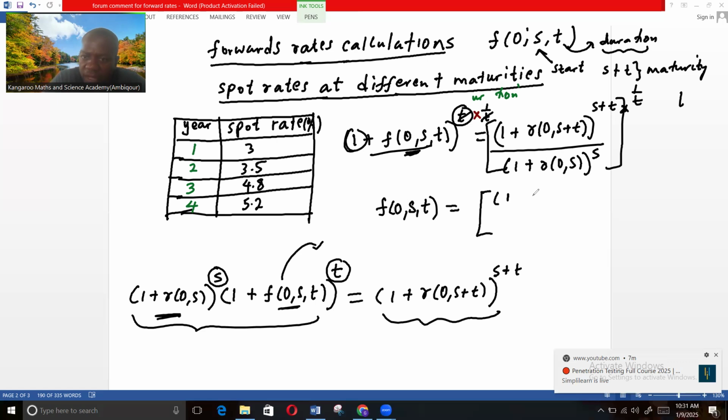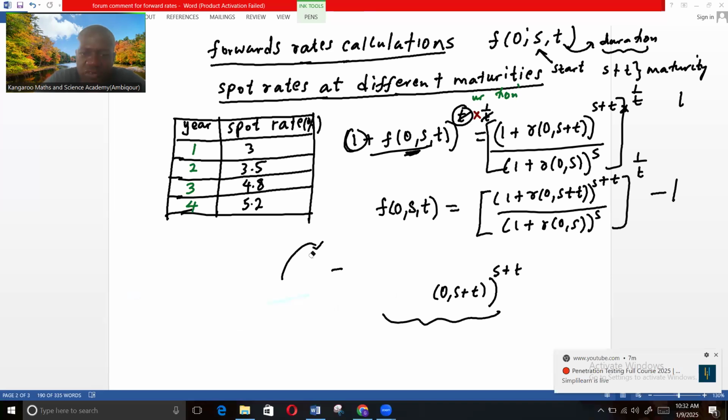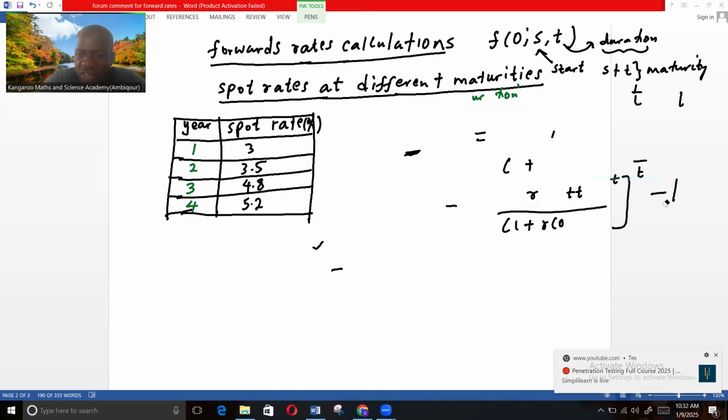It will be 1 plus the S plus T spot rate raised to the power S plus T, divided by 1 plus the S spot rate to the power of S, everything to the power 1 over T, minus 1. But now, this is just the derivation, and I want to do this using examples so that there's no need for you to cram the formula. What is important is just to understand what you're actually doing.